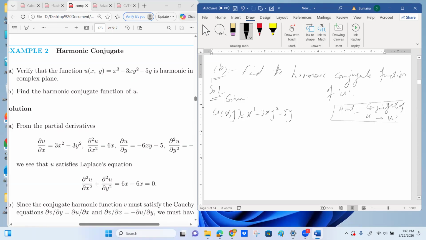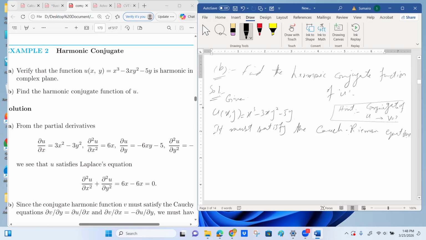How will we find the value of v? By using the CR equations, the Cauchy Riemann equations. It must satisfy the Cauchy Riemann equations, from where we will find the value of v.